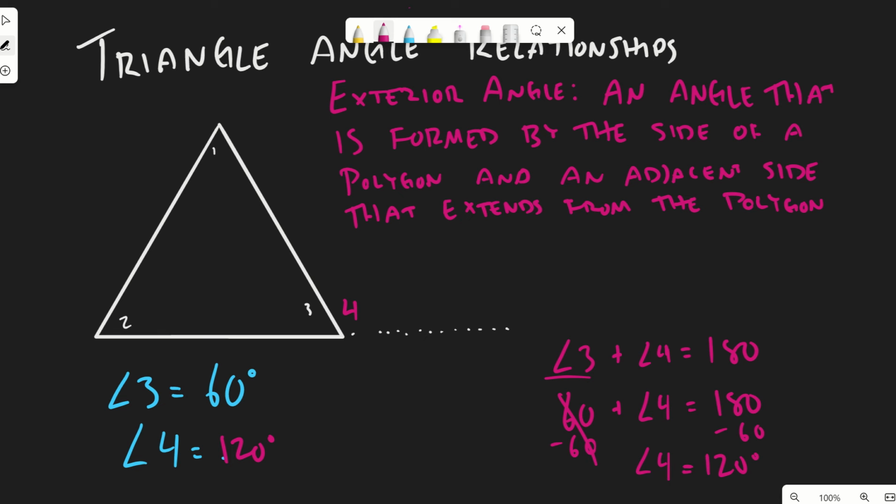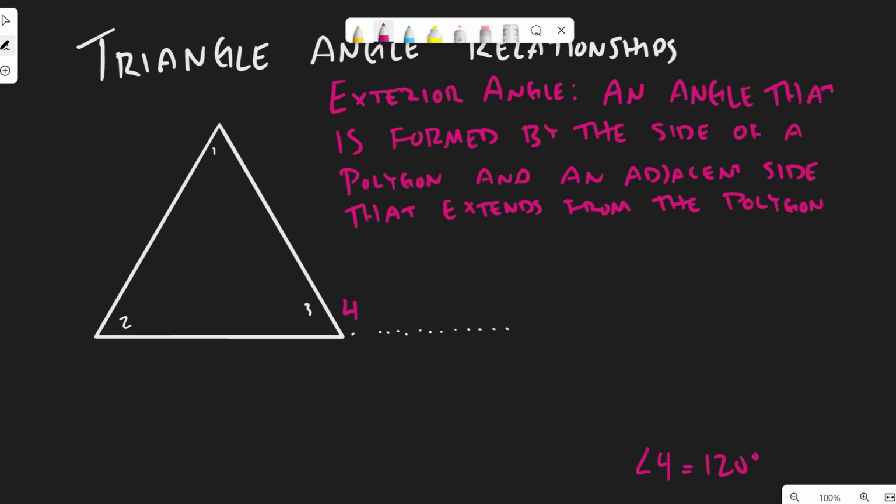Now, we know that angle 3 plus angle 4 equals 180 degrees, because it's a straight line.